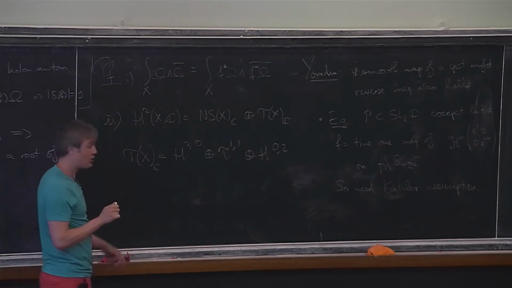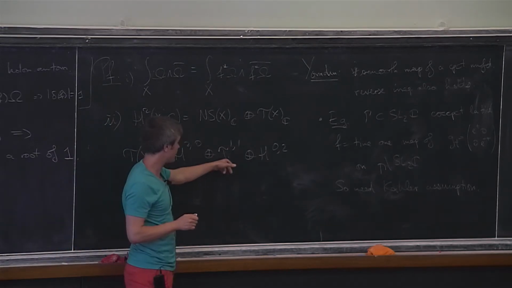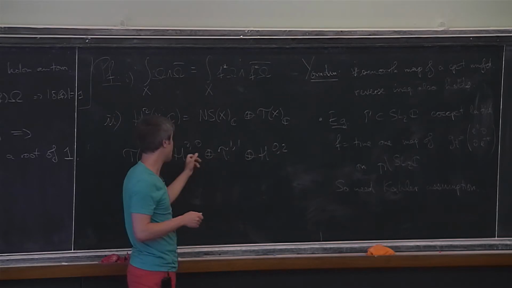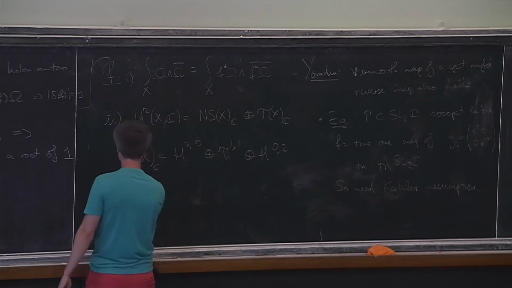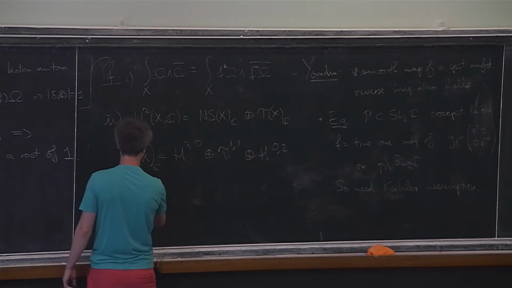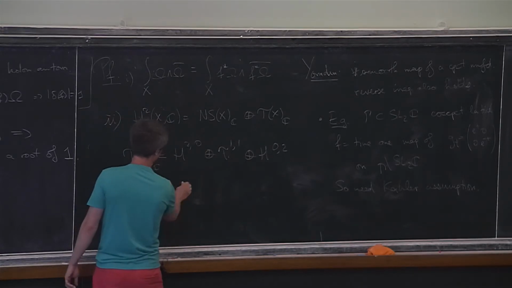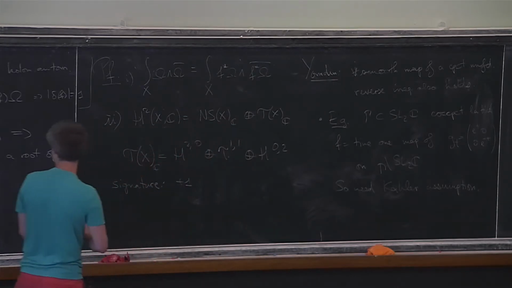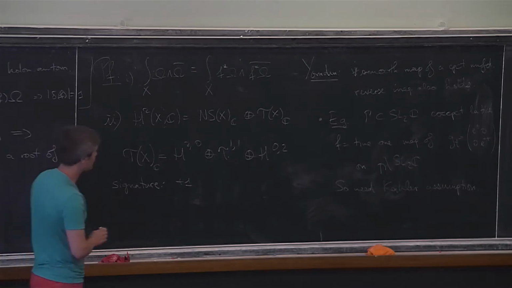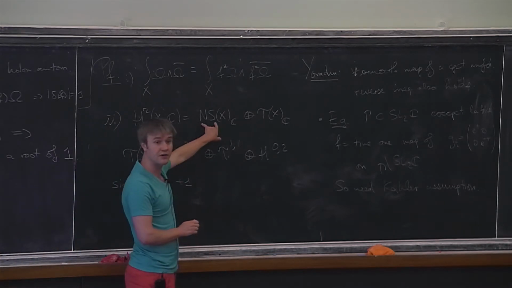To go back to your question, this is the complement in H11 of the Néron-Severi group, but the H20 and H02 are always there. And the signature of the inner product depends on what's happening in the Néron-Severi group.